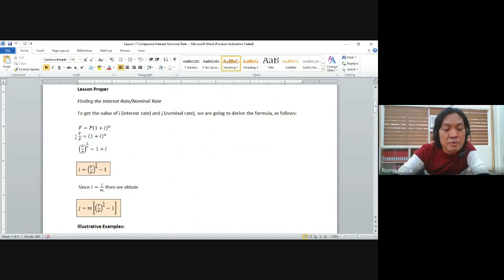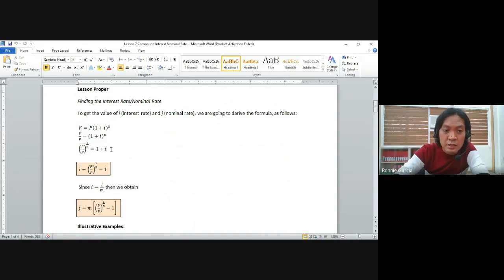So after raising both sides with an exponent of 1 over n, this will become F over P raised to the power of 1 over n, and the other side will have 1 plus I, since the n was already eliminated. So now it's easy for us to eliminate 1 and to let I be the only term on one side of the equation.